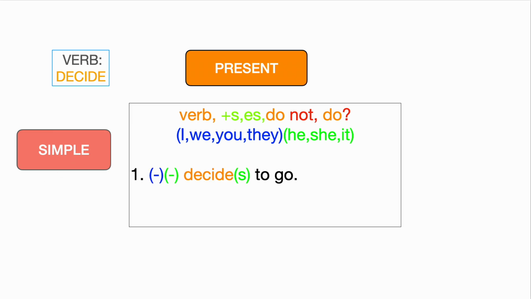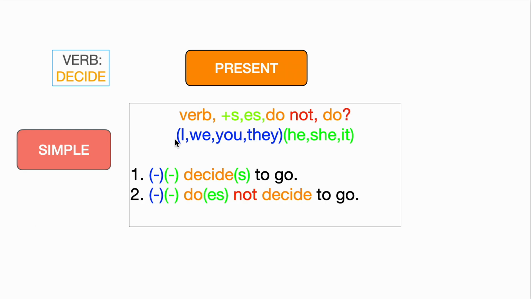Number 1, any of these, I decide to go. You, he, we, they, you decide to go. But he decides with S to go. She decides to go. It decides to go.